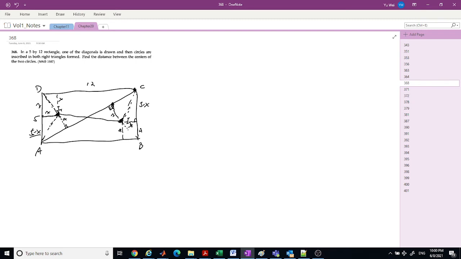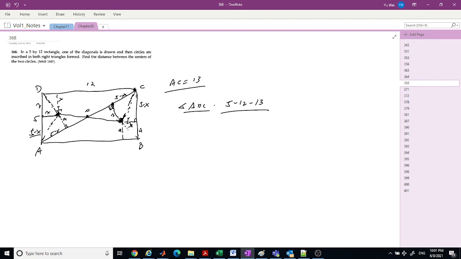This is also because this triangle is congruent to this triangle. 5 minus x and 5 minus x, and we also know AC is equal to 13, right? Because triangle ADC is a 5, 12, 13 triangle. Okay, so we want to solve I1 I2.